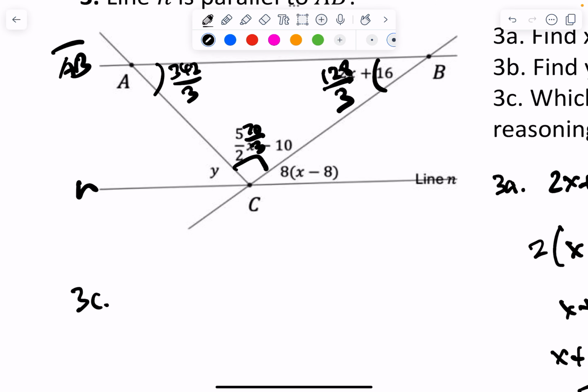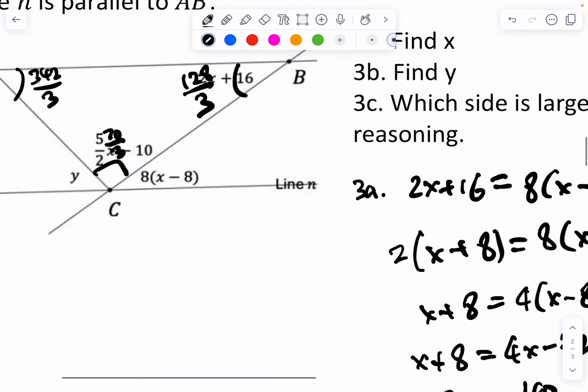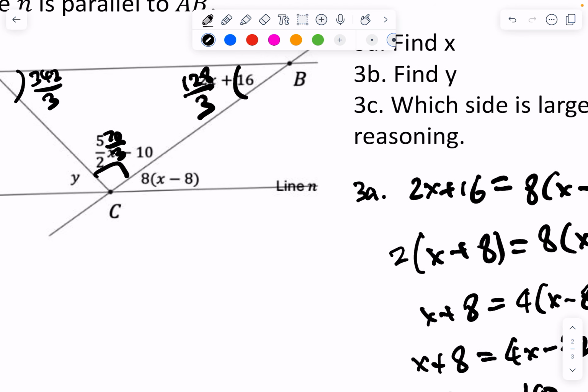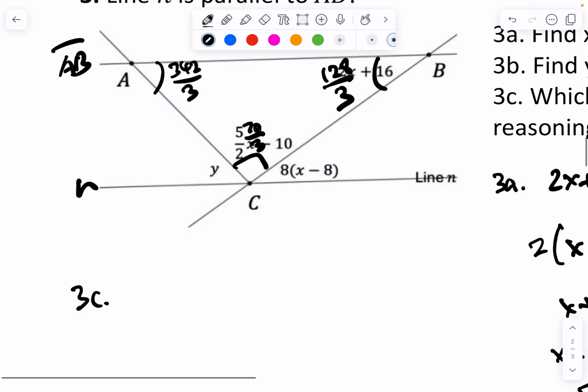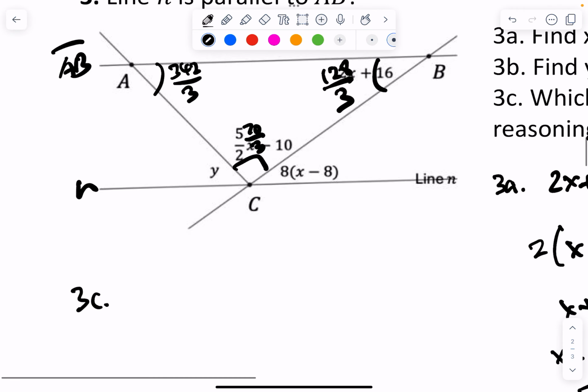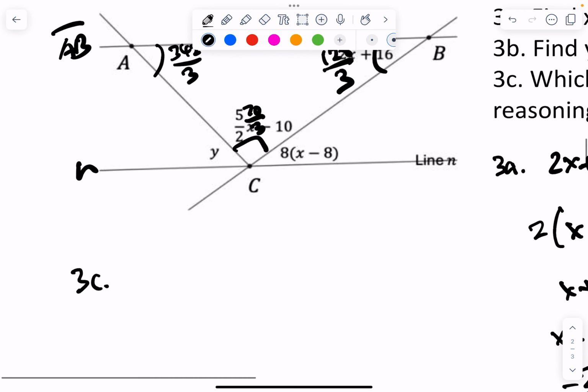Given my calculations are correct. 40 over 3. Yeah, okay, my calculations should be correct. So how do we compare this length of AC and BC?